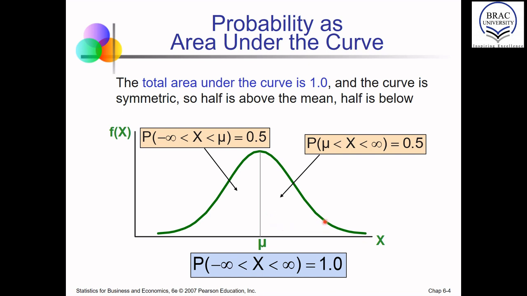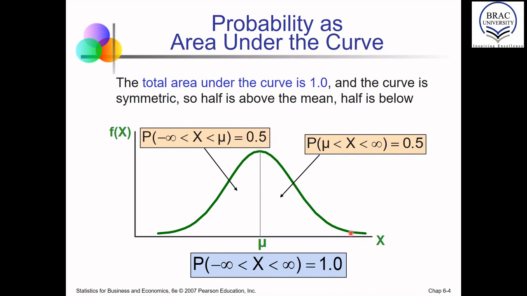So if the total area under this curve, for a range of minus infinity to plus infinity, is equal to 1, that means on the left hand side, from minus infinity till the mean, your total probability is equal to 0.5.